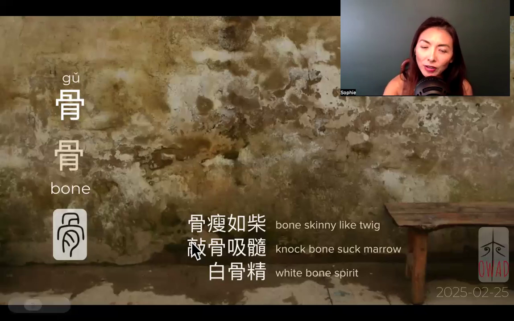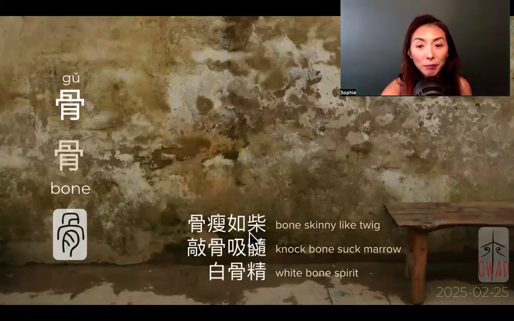Okay, expressions. 骨瘦如柴, bone skinny, meaning skinny to the bone. Like you don't really have much muscle or fat on the bone, so that you can see the bone shape itself. That's bone skinny. 如柴, like twigs. So I guess twigs as a fuel starting material have this dried up sense of it. It's dry. That's why it can burn, right?